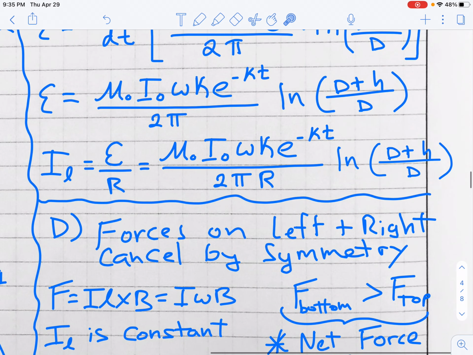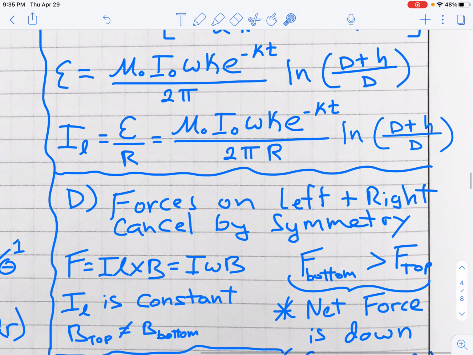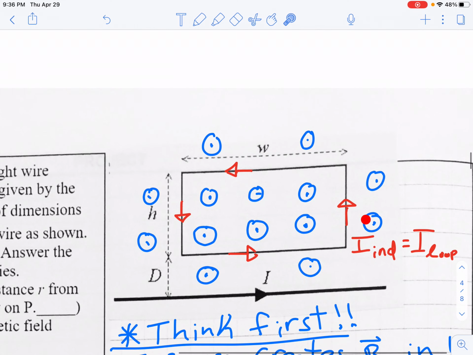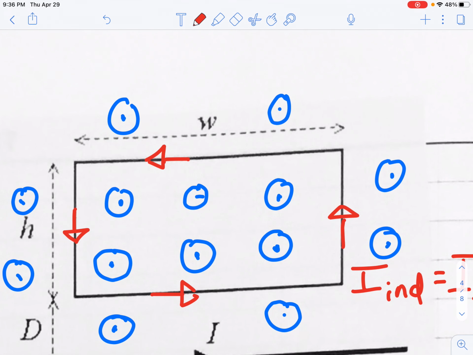Now part D asks about the forces on the wire. Let's go back up here and examine what the forces would be. Since we have a current moving in a magnetic field, we know there's a magnetic force. That's IL cross B. So we want to find the direction of magnetic force on each side of the loop. Point your fingers in the direction of I, curl your fingers in the direction of B, and your thumb points in the direction of the force.